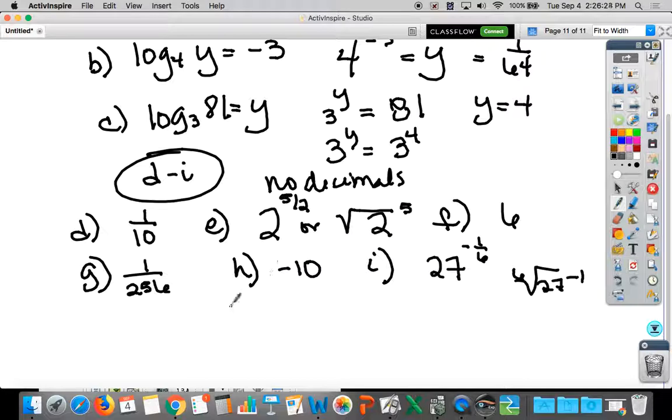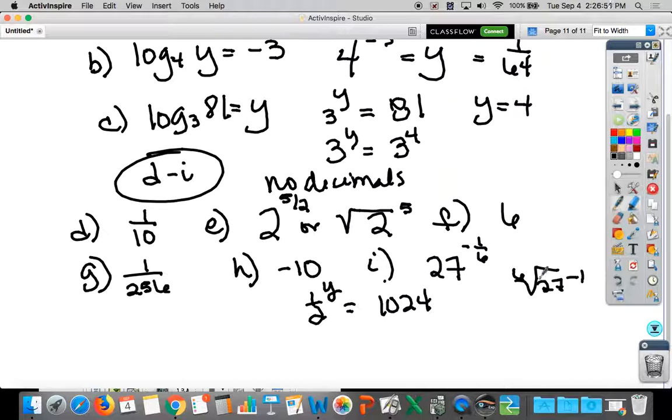On H, besides just trial and error, how could you have made that number a base of 1/2? It's 1/2 raised to the y. Hold on just a minute. I'll show you. So 1/2 raised to the y equals this.